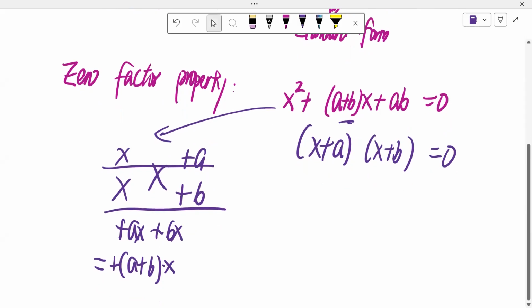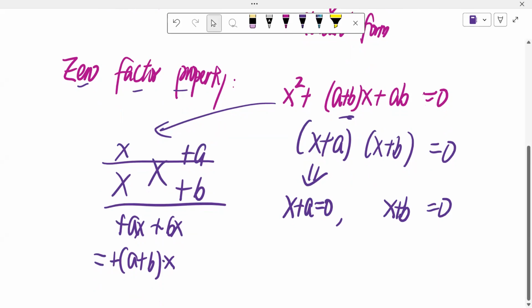Once you have two factors, we can use the zero factor property, setting x plus a equals 0 and solving for x, and setting x plus b equals 0 and solving for x. That's how we apply the zero factor property.